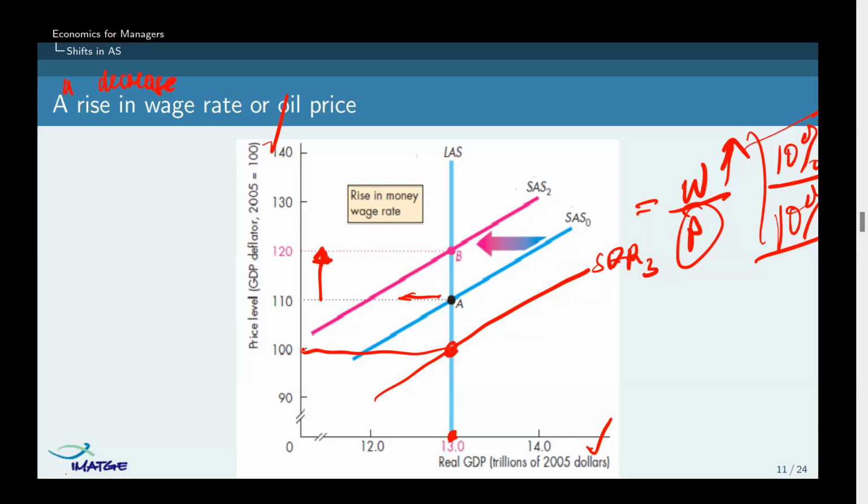So therefore, the short run aggregate supply curve will shift to the right. And this will be measured by an equivalent decrease in what? In the price level. So an increase in wages or oil price is inflationary because it leads to an increase in what? In price levels in the economy. This one is somehow deflationary, or it leads to a reduction in price levels in the economy.